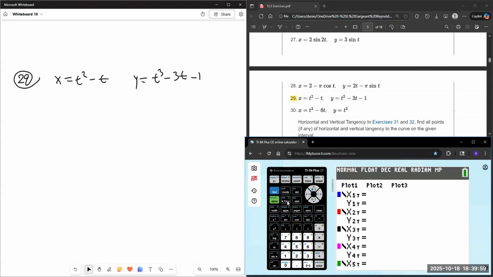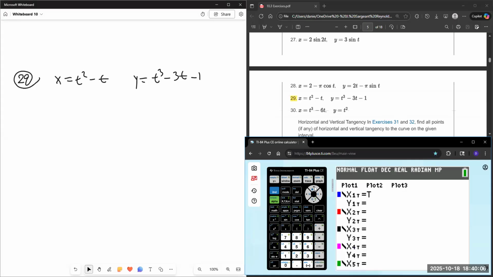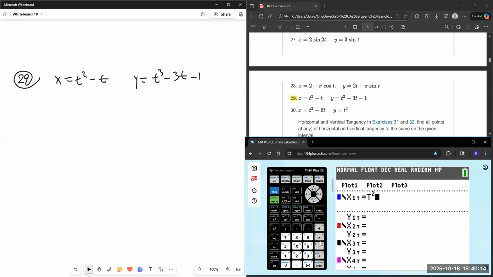Make sure you're in parametric mode, so mode, and change to parametric here. And when you go to y equals, it's going to give you an x1 of t and a y1 of t. So t squared minus t for x. Notice your variable changes when you hit the variable button here.